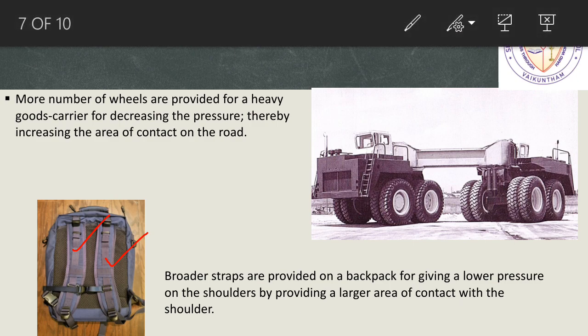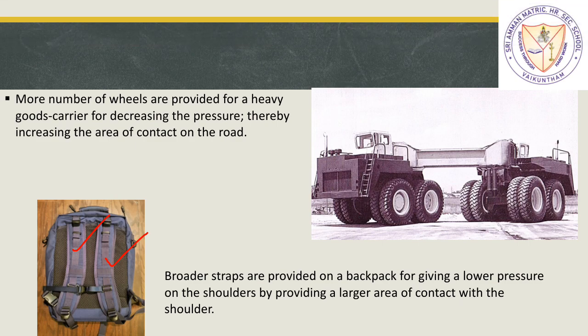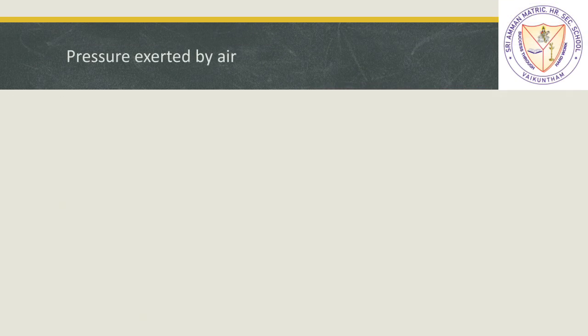So these were about decreasing and increasing the pressure. The next thing which we are going to see is pressure exerted by air. We know very well that air fills the space around us.